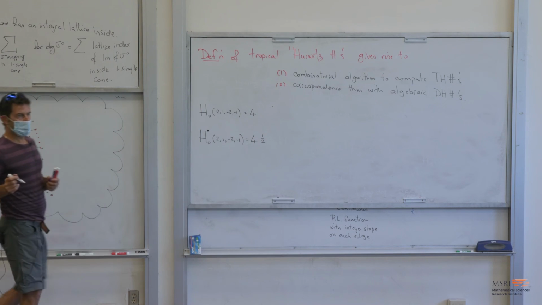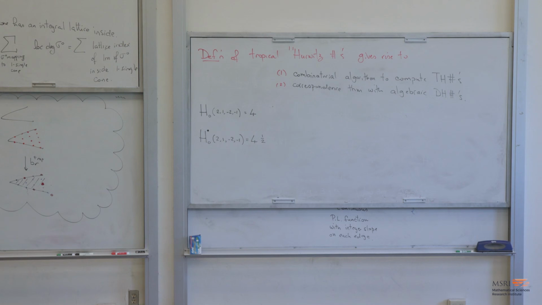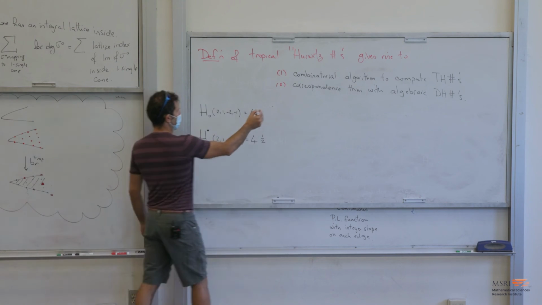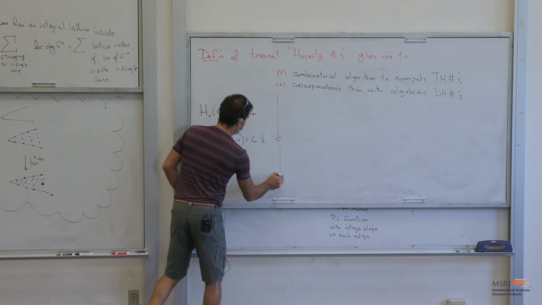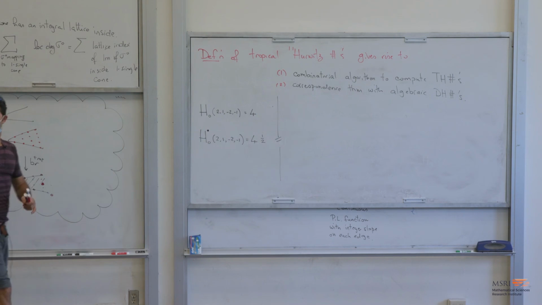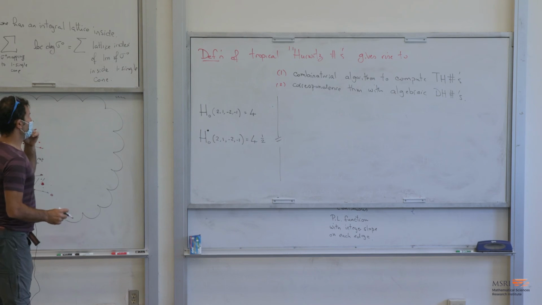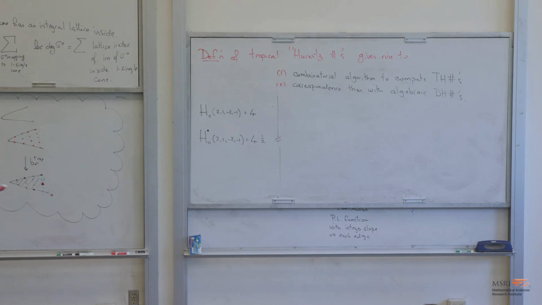Four and a half. Okay. So these are Hurwitz numbers that you can compute fairly easily with the symmetric group definition, right? Because this 4 transposition has 3, yada yada yada. But let's see how we're gonna recover them tropically.